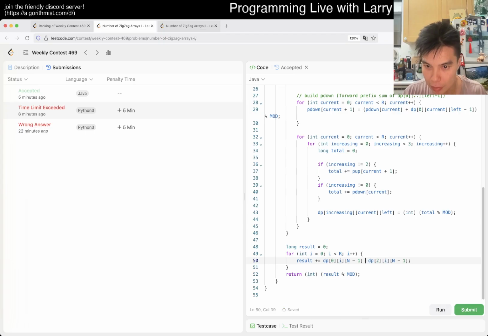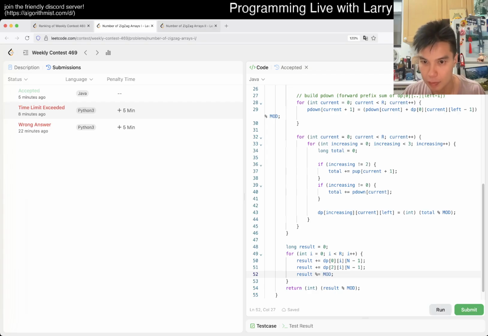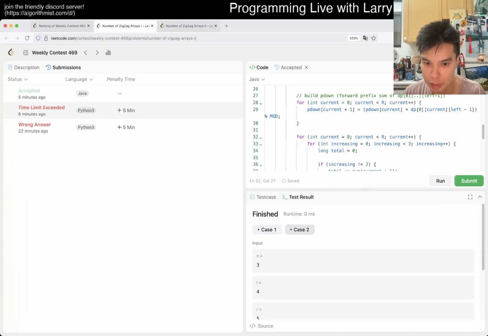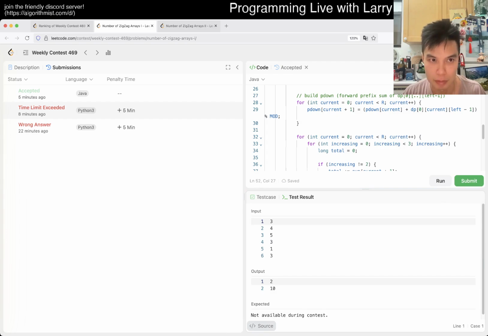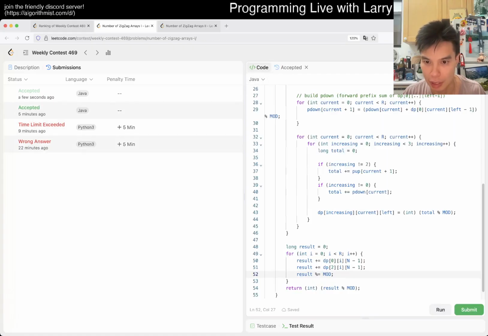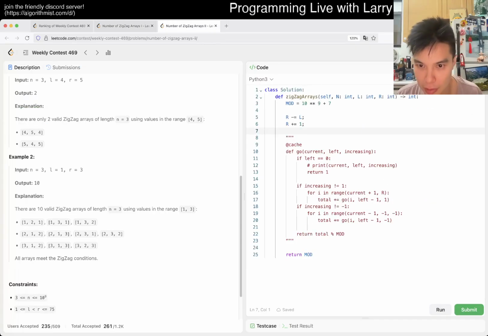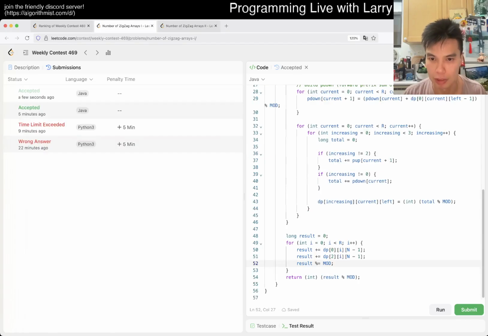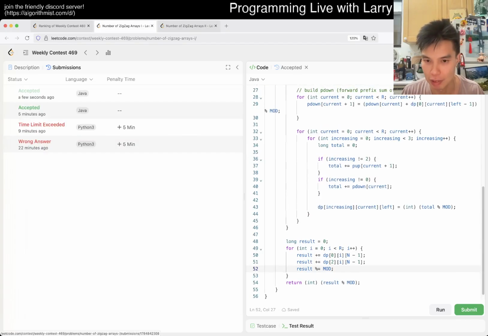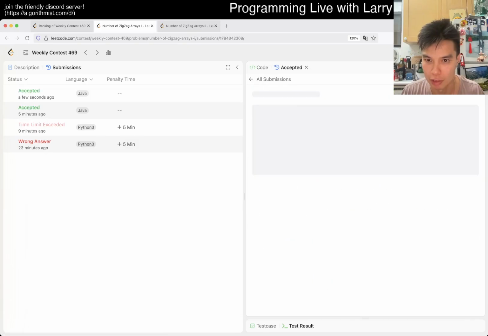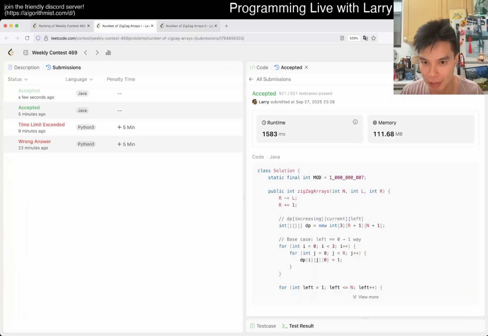Is that good enough? I mean, it fits the example. I'm just going to YOLO submit because it doesn't matter. Okay, so that means actually I could remove the dimension, so it's even better, which maybe is what I needed to optimize. I didn't really think about it. Maybe this one does more work, but maybe I'll do it after the contest to optimize.